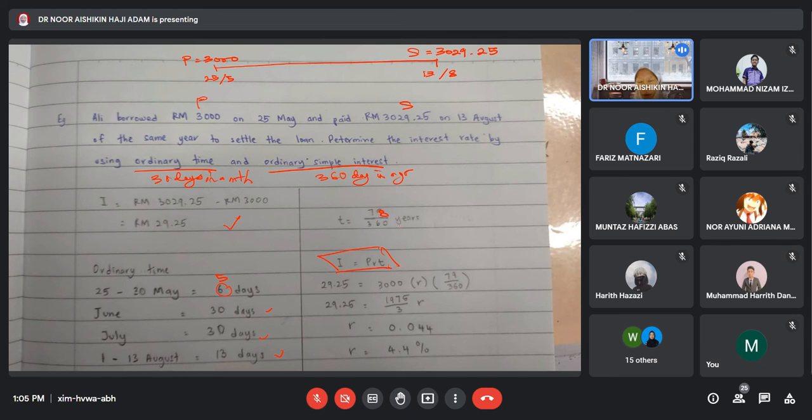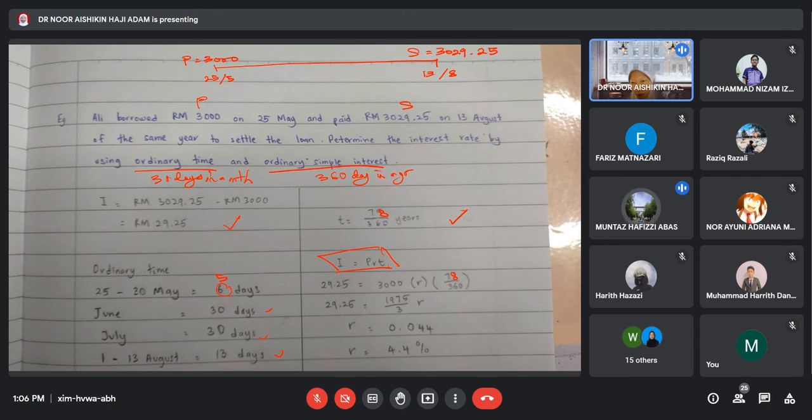So 78 over 360 because we are using ordinary simple interest. Very good. Maka masukkan dalam formula and find R. It's 78, bukan 79. So 29.25 equals to 3000 times 78 over 360.